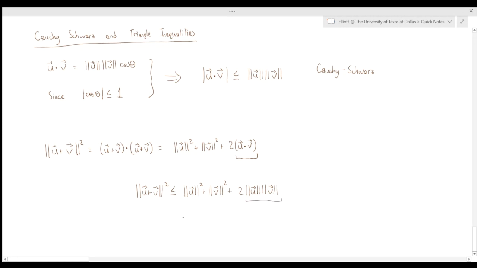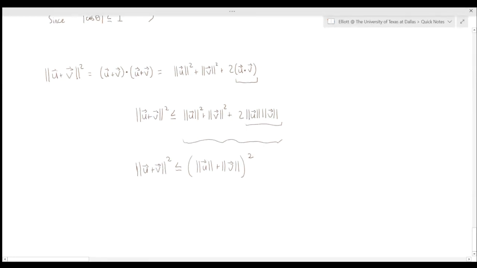But then this altogether, you might notice, is just the length of u plus the length of v, all squared. If you FOIL this out, you would get exactly what you have up here.